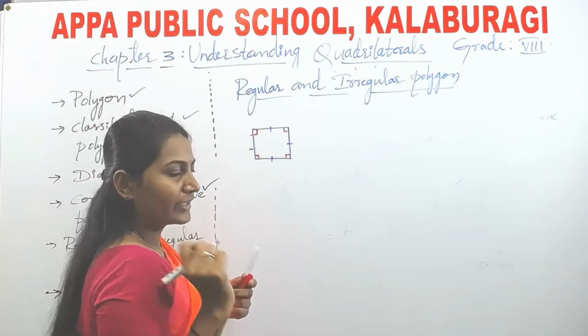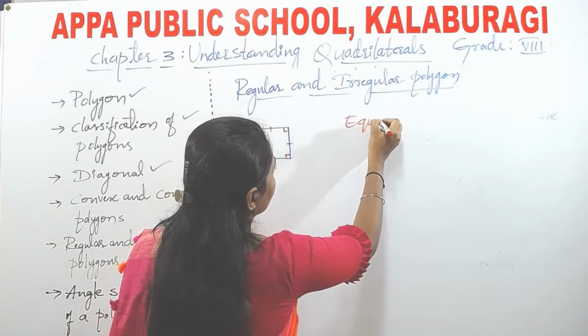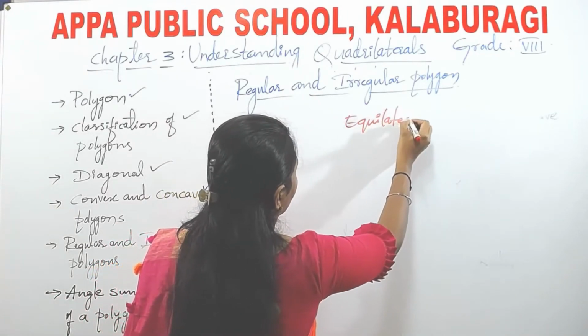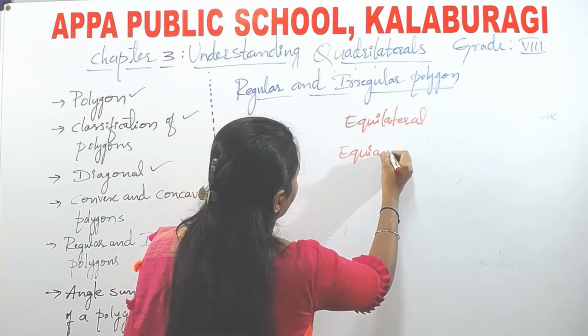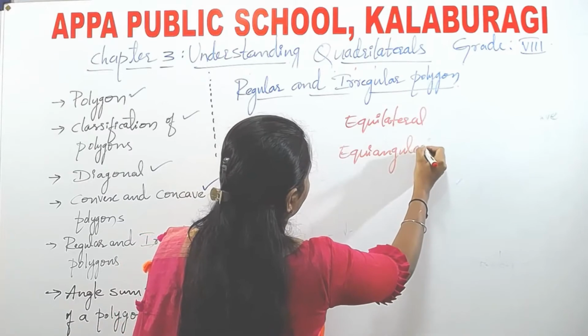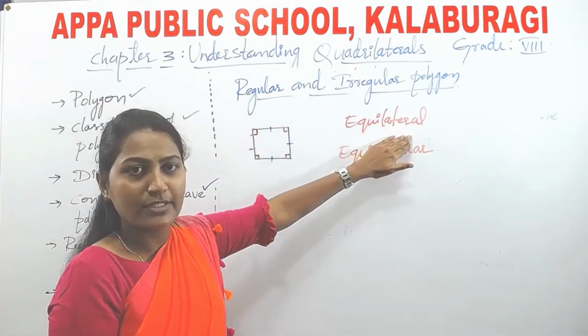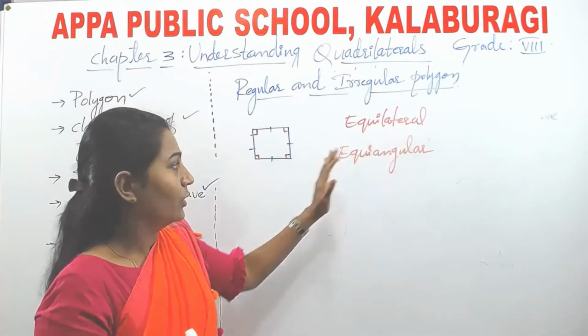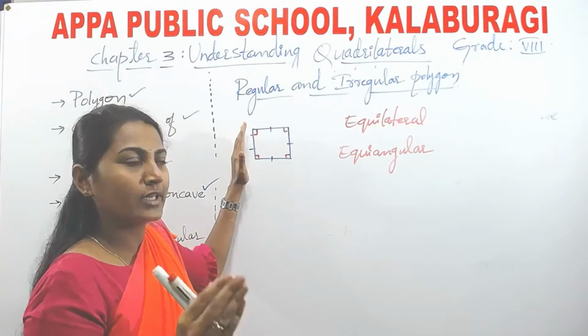So I used two terminologies in the definition, which were equilateral and equiangular. So what do you mean? Lateral means sides, equal sides. That means all the sides in a given polygon should be equal in length.